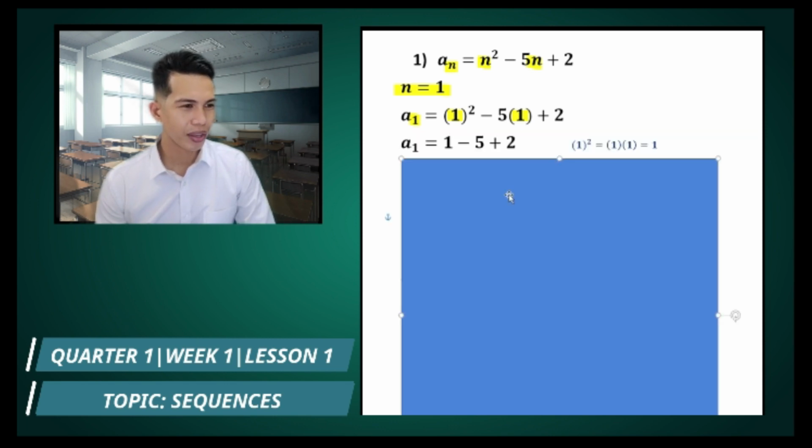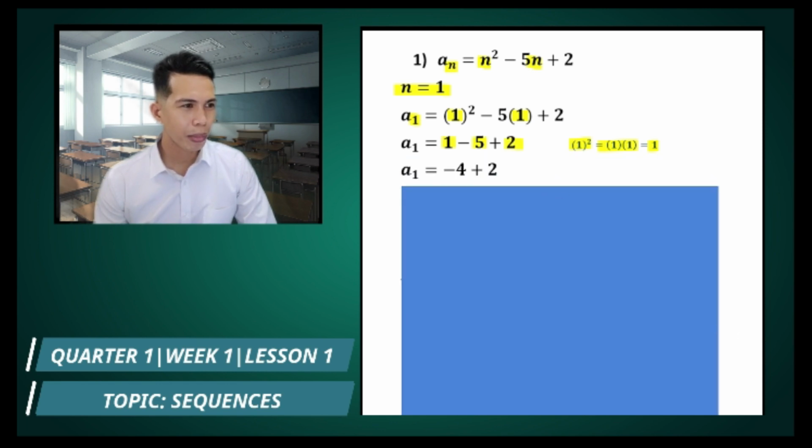Then, by simplifying further, we have 1 squared equal to 1, since 1 squared is equal to 1 times 1 equal to 1. Then we have minus 5 times 1, that is 5, plus 2. Next, simplify further. 1 minus 5, we have negative 4. Negative because 5 is greater than 1.